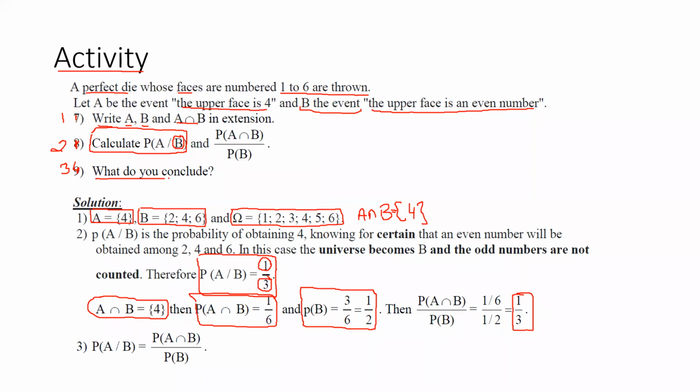What do you conclude? We conclude that probability of A given B, this is the rule, equals probability لل A intersection B over probability لل B.